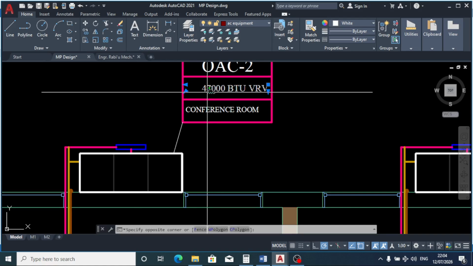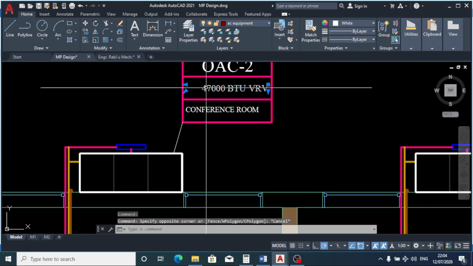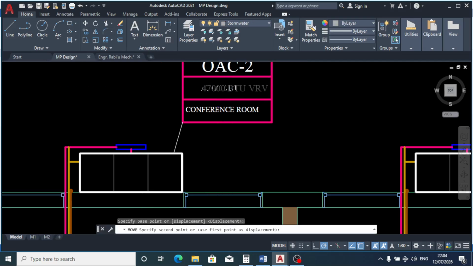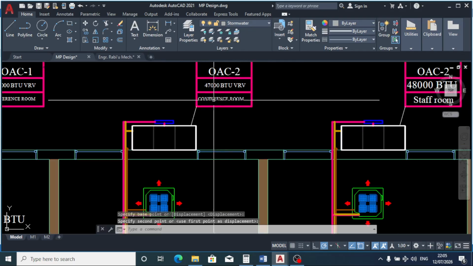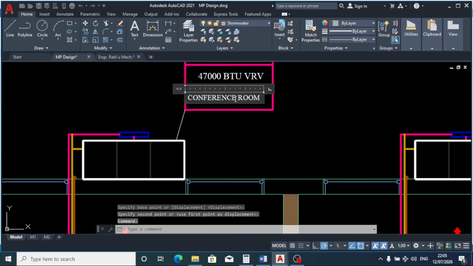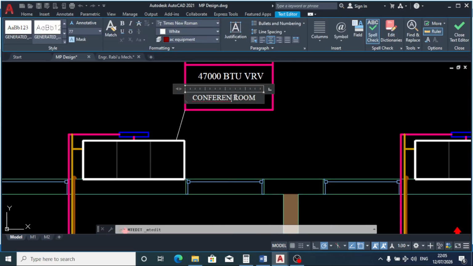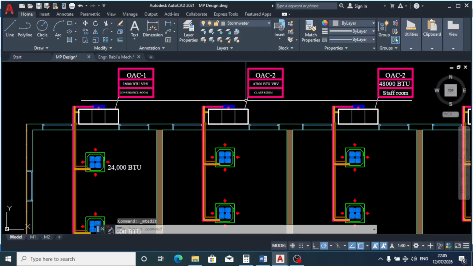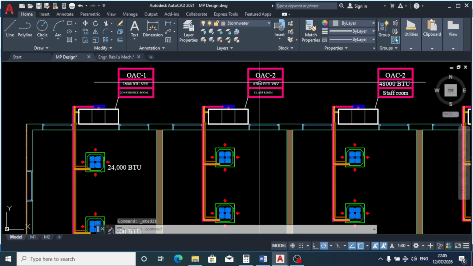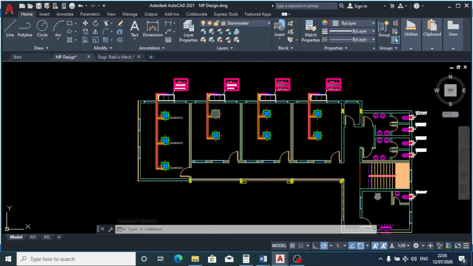I think it comes in a VRV, VRF. So for this, it's a classroom, not a conference room. Alright, so now we've gotten our outdoor unit to be 47,000 BTU.